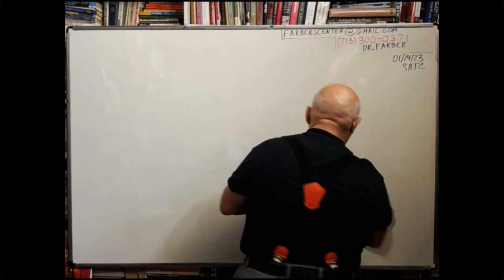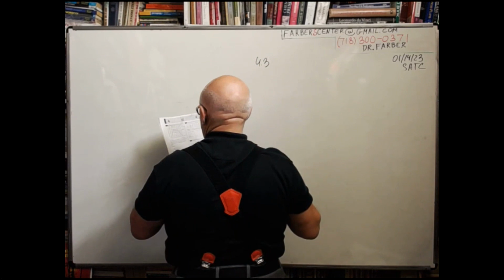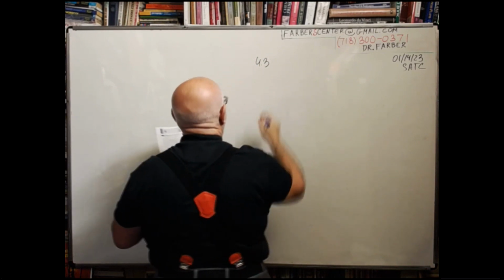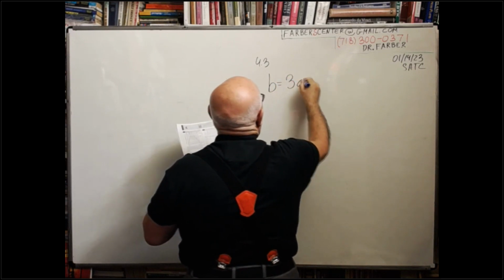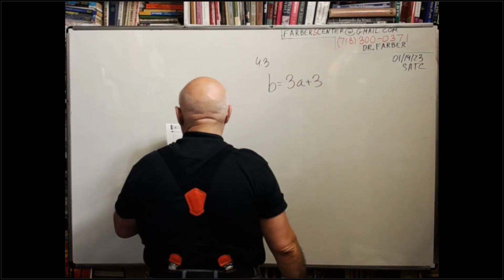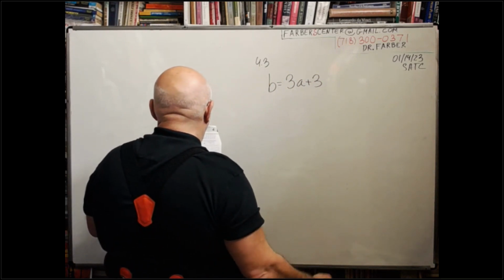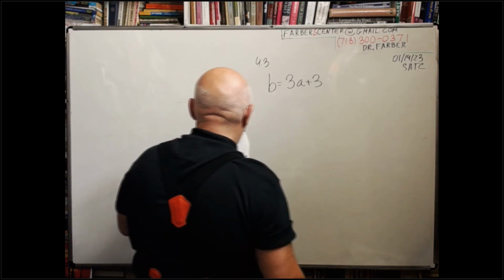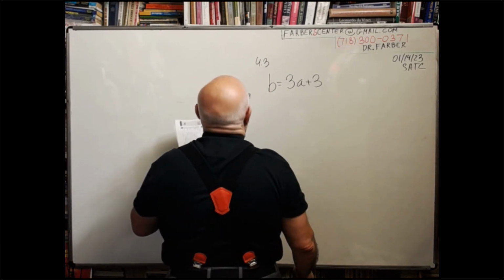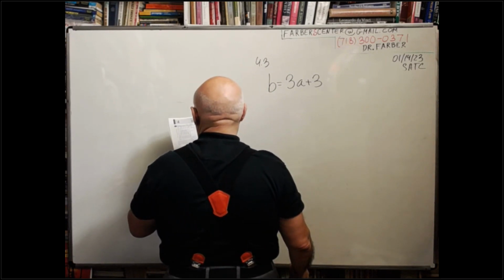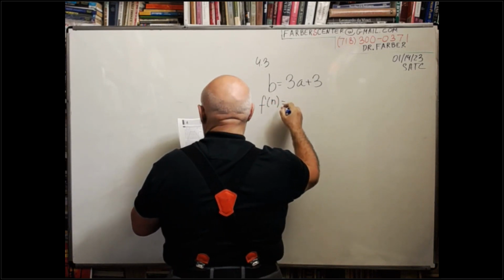Let's say I found only d works, and d says b equals 3a plus 3. And if I give you this, for instance, f of n, I look at this table, equals 3n plus 3.